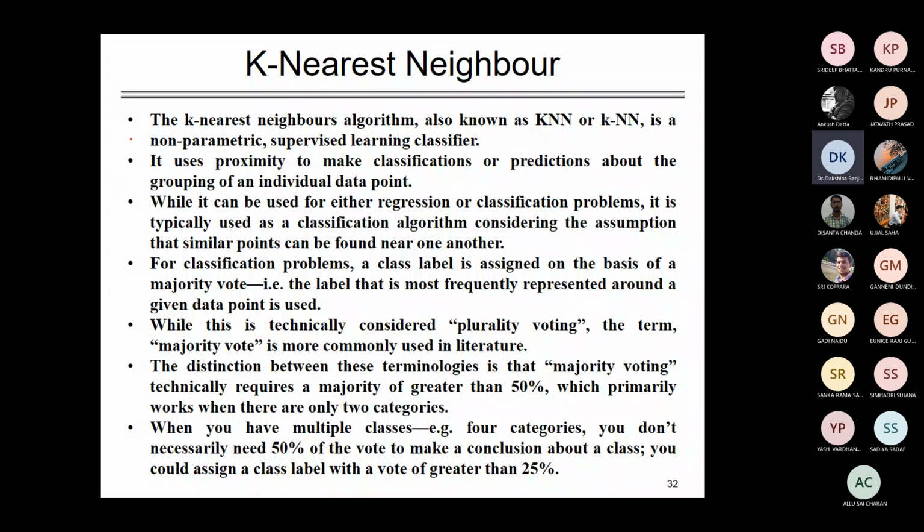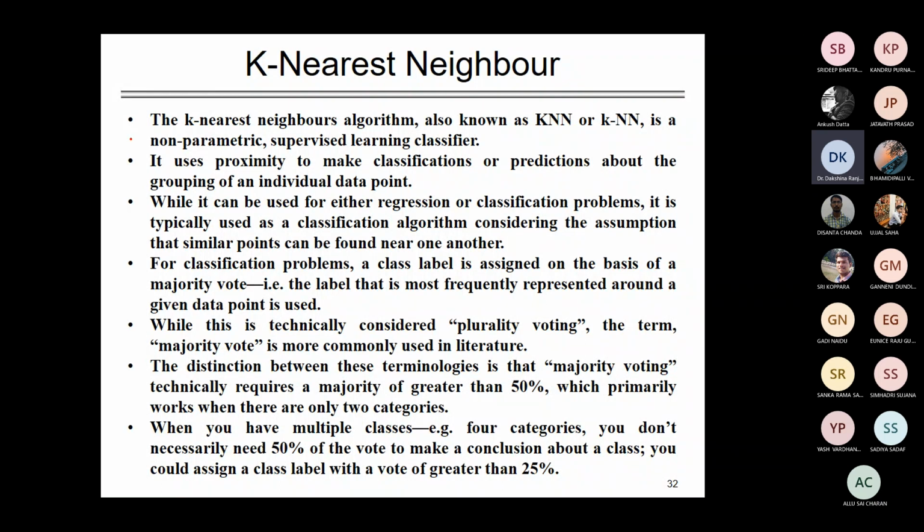Now k nearest neighbor, let us look at some salient features of k nearest neighbor. The k nearest neighbors algorithm, also known as KNN, is a non-parametric supervised learning classifier. It is used to make classifications or predictions about the grouping of an individual data point.